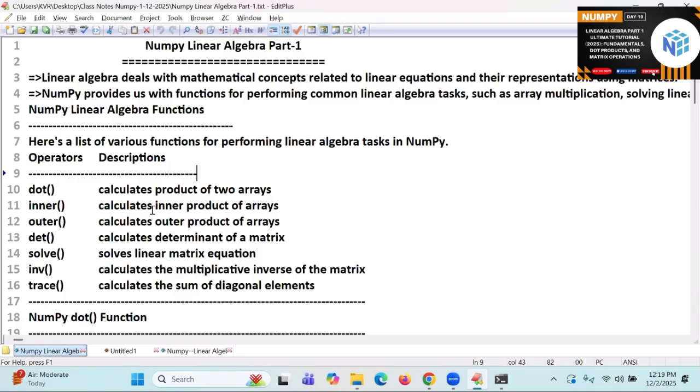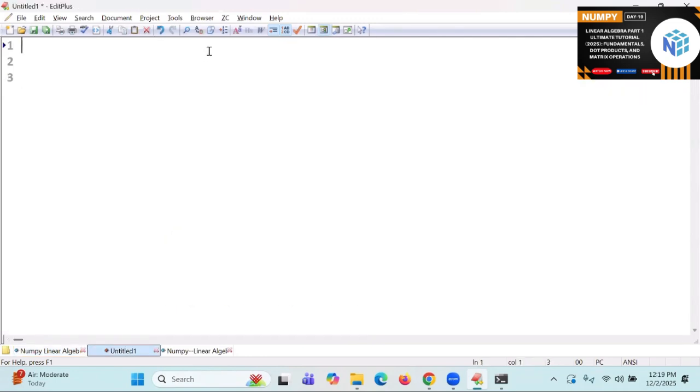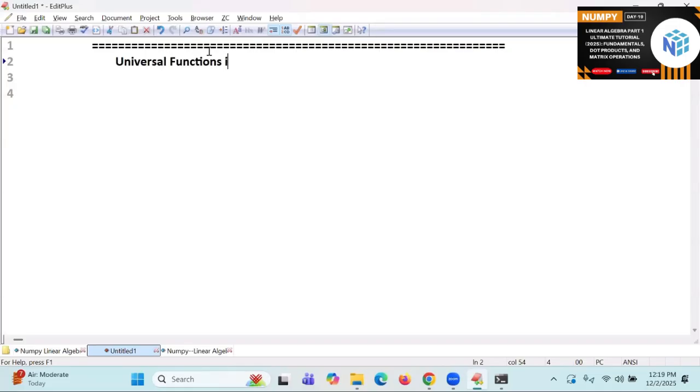What are the universal functions? I am going to explain. Students, these are also very, very important for you. So here I am going to write it. Universal functions in NumPy.